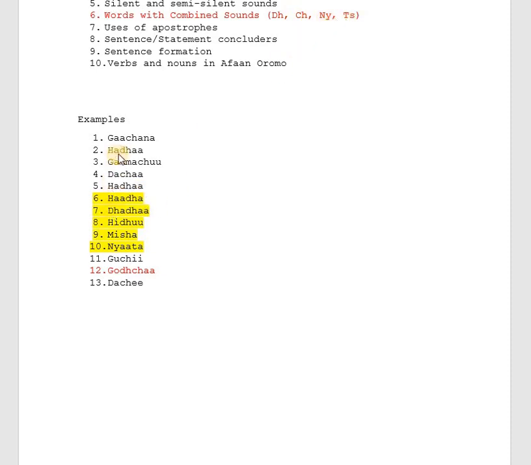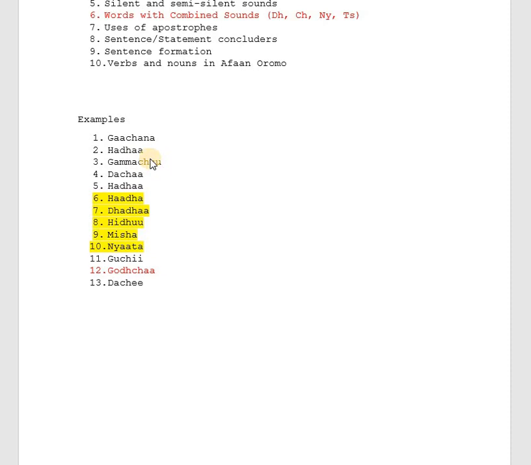We don't write them two times to show they are strong. Like hach'a, as you can see, the cha sound is strong. Hach'a. Gammachu, you can see chu is also strong. Gammachu. Dacha. So they are strong, but we don't repeat them.